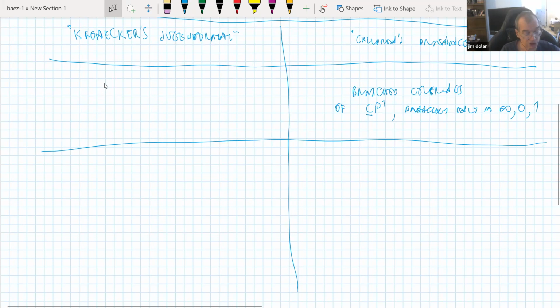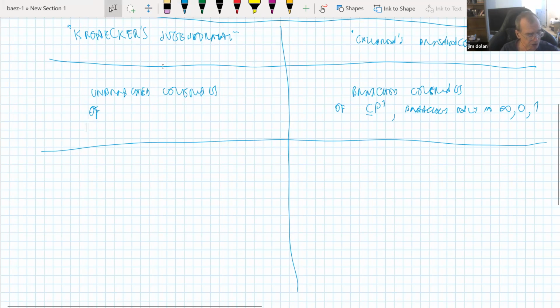I'm not sure exactly how this analogy should go, but it's going to be some kind of unbranched coverings of, maybe an abelian variety in general, or an abelian variety with complex multiplication in general.